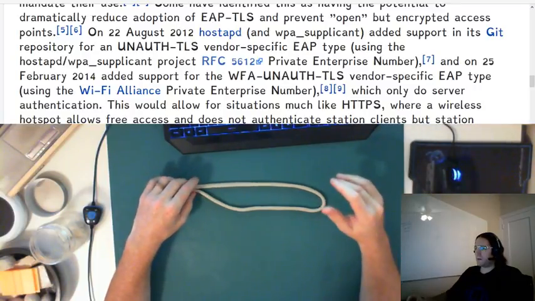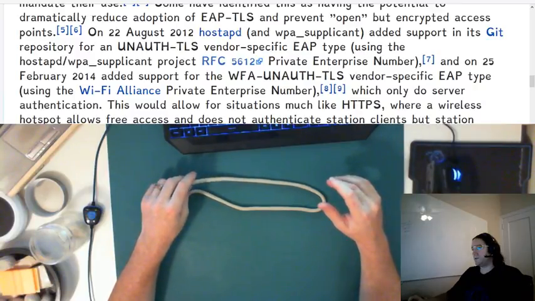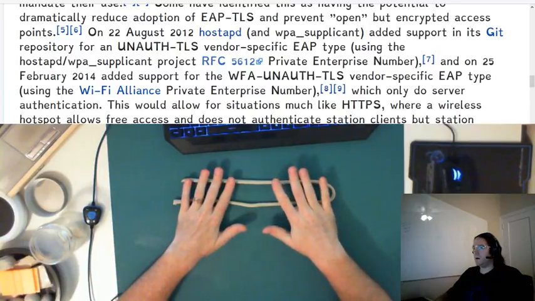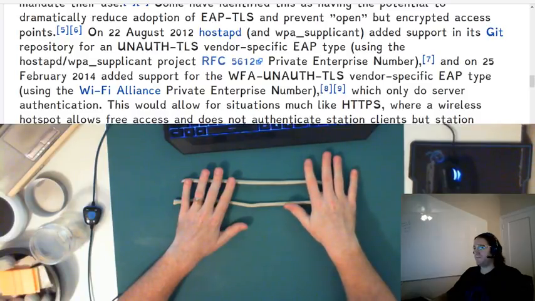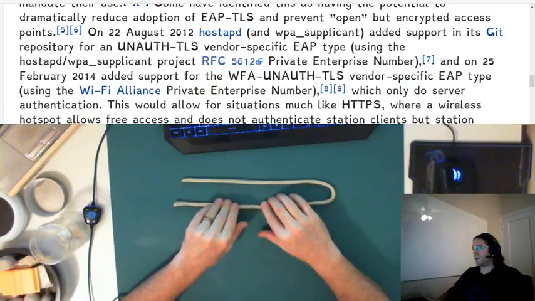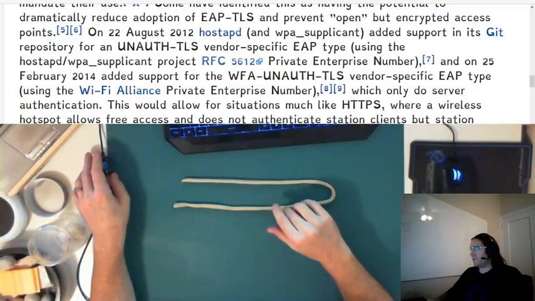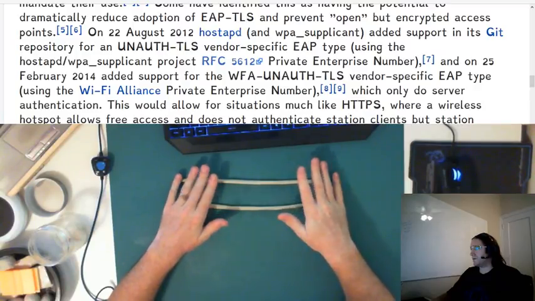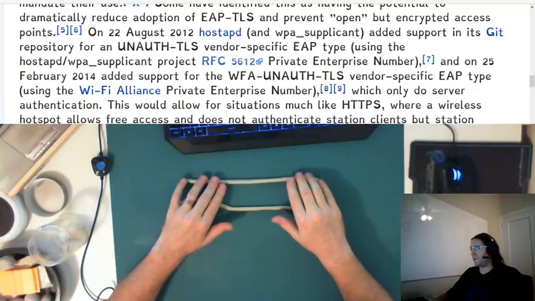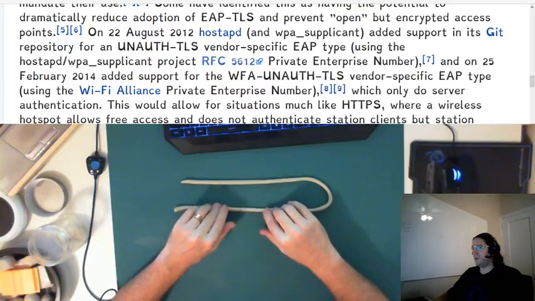In August 2012, hostapd and wpa_supplicant added support in its Git repository for an unauth-TLS vendor-specific EAP type using the hostapd/wpa_supplicant project private enterprise number, and in February 2014 added supplicant support for the WFA unauth-TLS vendor-specific EAP type.